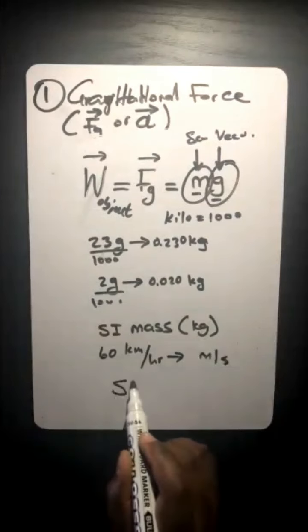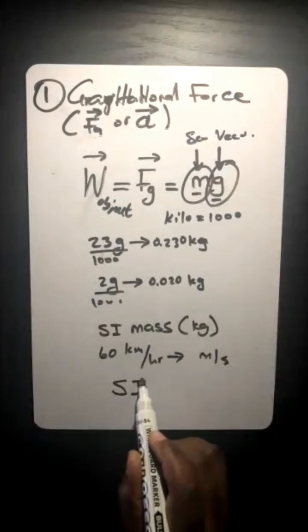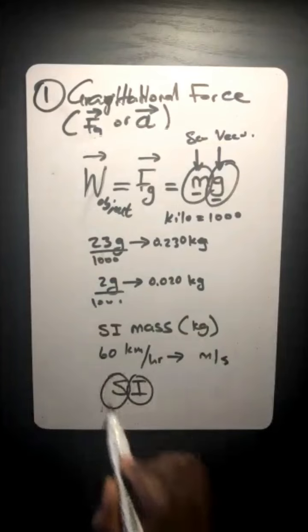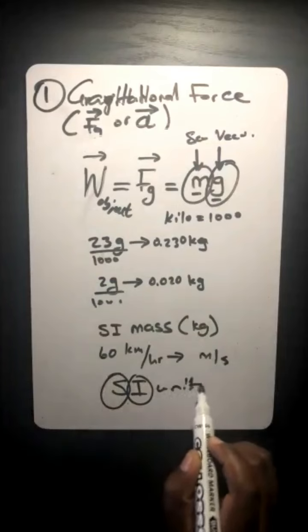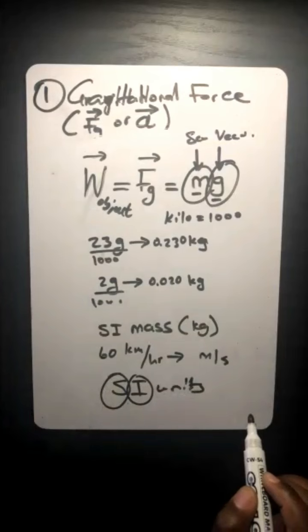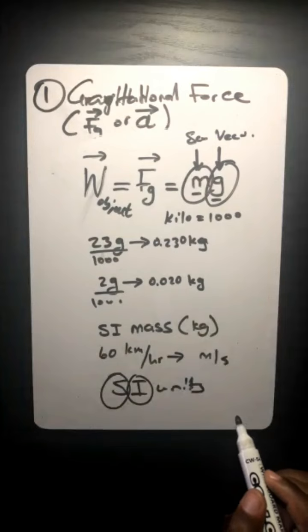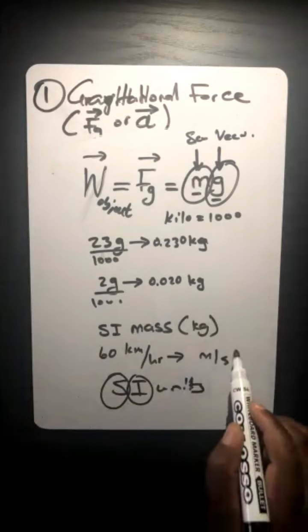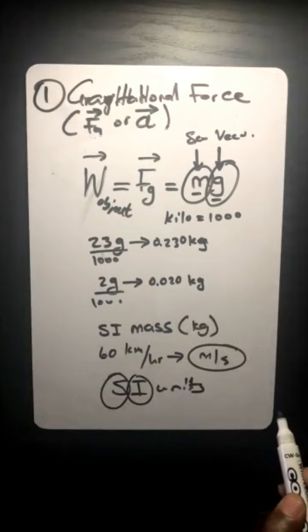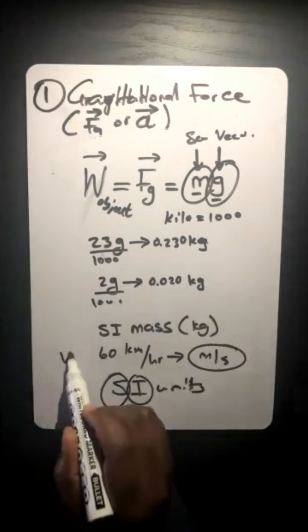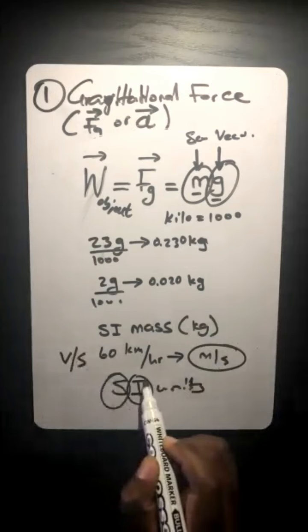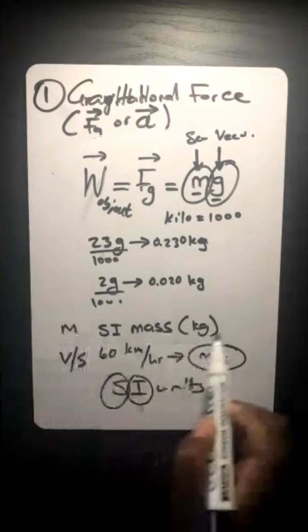SI represents the international system of units for a physics quantity, which means if you go to America, wherever, and you study physical sciences, we stick to the same unit, meters per second for either velocity or speed. For mass, we stick to kilograms.